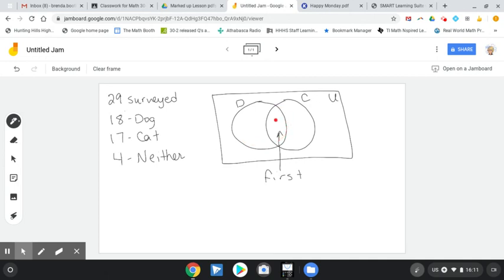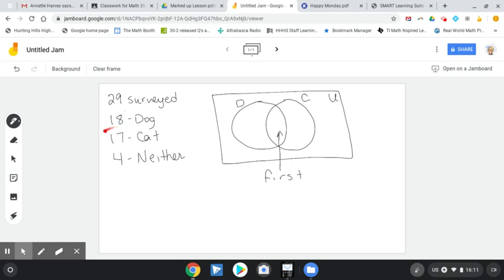Unless I have a number here, I can't figure out the number here. Sometimes people are mistaken and think that the 18 would go right in here. But this section is for people who have only a dog and no cat. These 18 people, we don't know if they have a cat or not. We just know there's 18 people with a dog. So these 2 sections add up to 18.